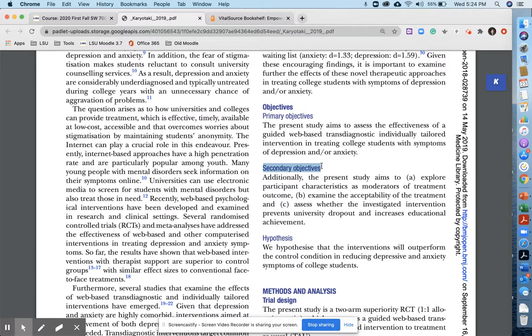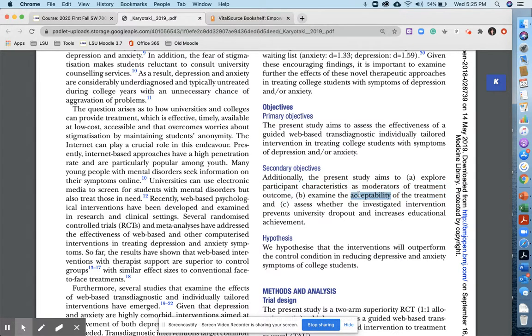So the next thing they want to know is, are there participant characteristics that moderate treatment outcome? So, for example, they might want to know, do students who have higher GPAs or higher IQs have different treatment outcomes than students with lower IQs? Or do women have better outcomes from this treatment than men?